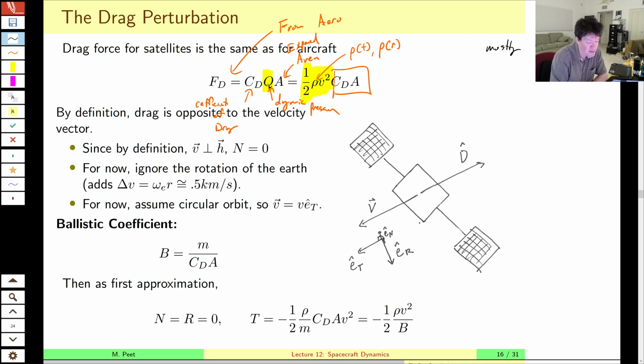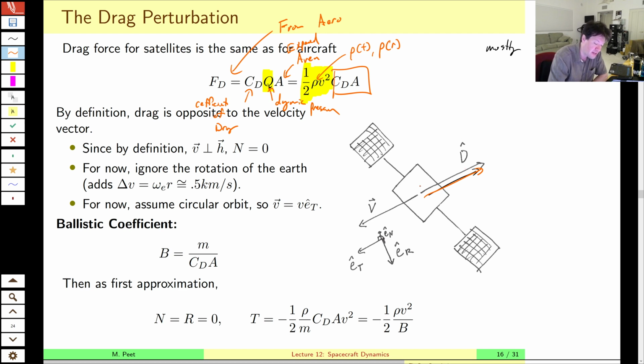Unless we're dealing with a space plane, and we sometimes do, the drag force acts in the same line as the velocity, but in the opposite direction. Here we assume a circular orbit, so that makes life a little bit easier. The satellite is moving at velocity here in the tangential direction, and the drag force acts in the opposite way.